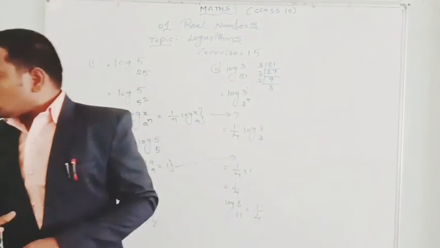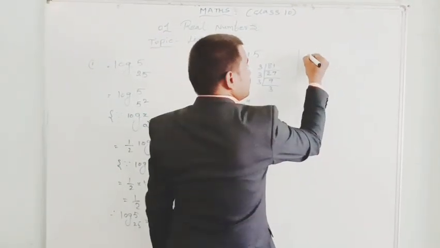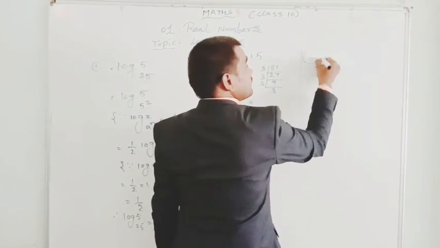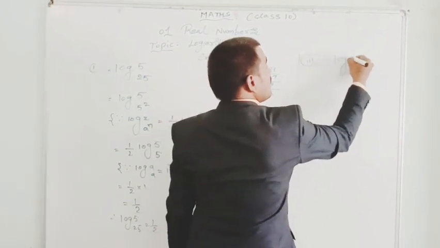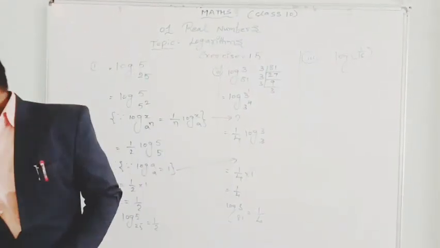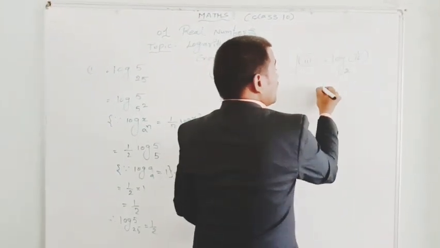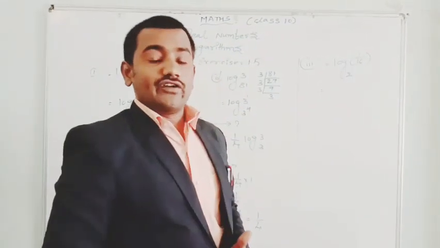Let's take one more question to understand in a better way. So here, the third question is log 1 by 16 base 2. This is one more important question in front of you all.